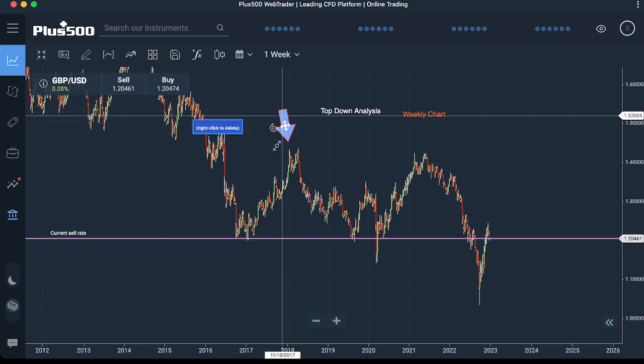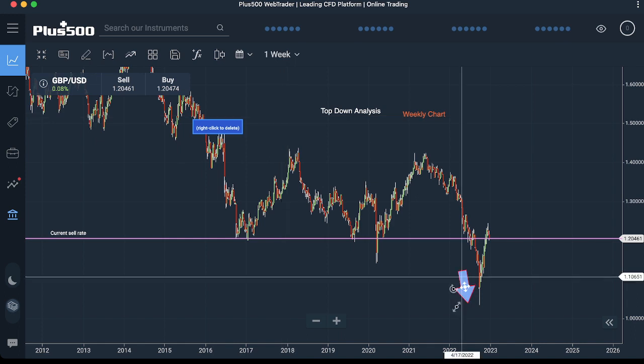So this high is lower than the previous high. That's why we call it a lower high. And then again it goes down, it's breaking this low here and it's creating another low. So that's why we call this a lower low. So we have a set of lower highs and lower lows. So that's why we call this market bearish in the weekly market structure.